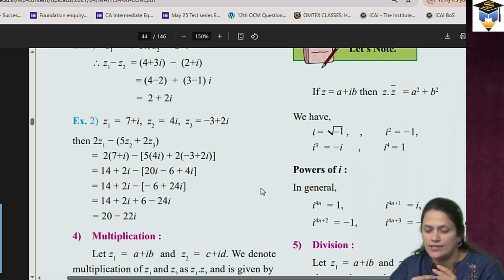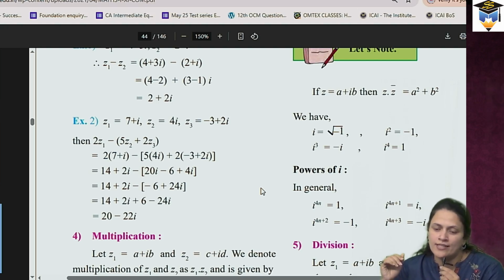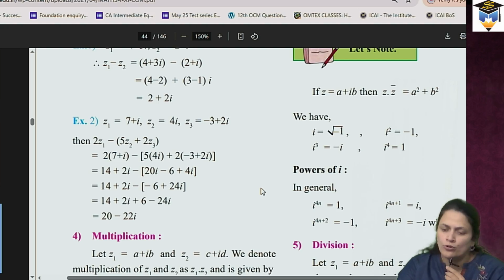Example number 2, as you can see, Z1 is given as 7 plus i, Z2 is given as 4i, Z3 is given as minus 3 plus 2i, then 2Z1 minus 5Z2 plus 2Z3 is given as. So now you know that this is called scalar multiplication. Have you heard of the concept called scalar multiplication?